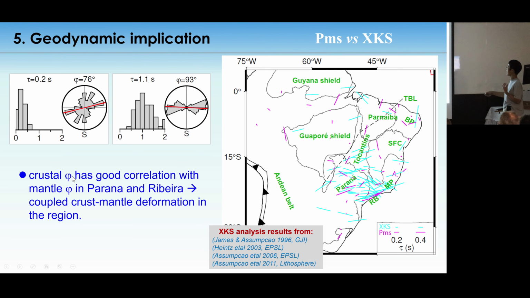So crustal phi has a good correlation with mantle phi in the Parnaíba basin and the Hibela belt. This may imply there may exist a coupled crust-mantle deformation in this region.